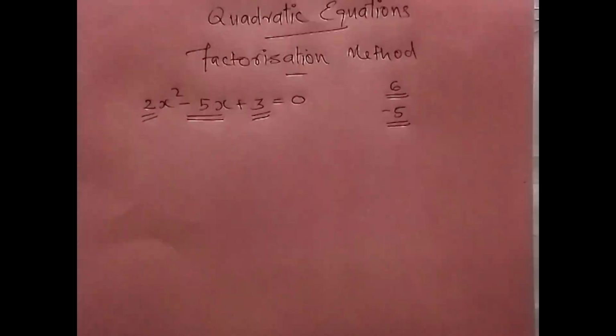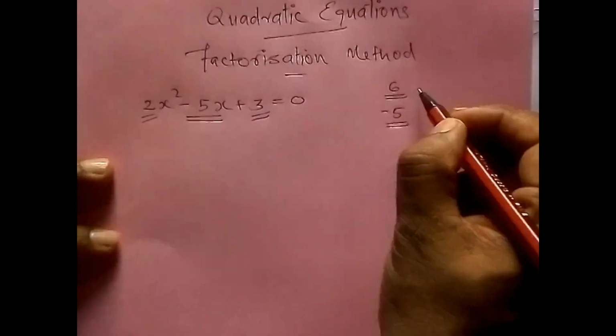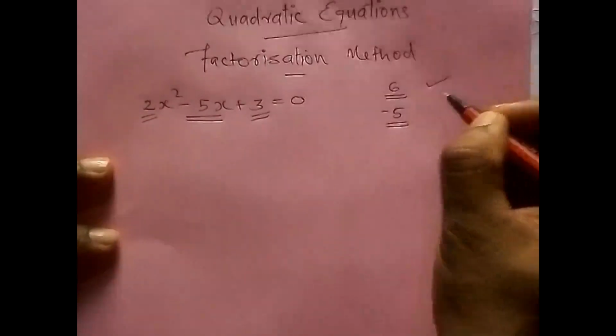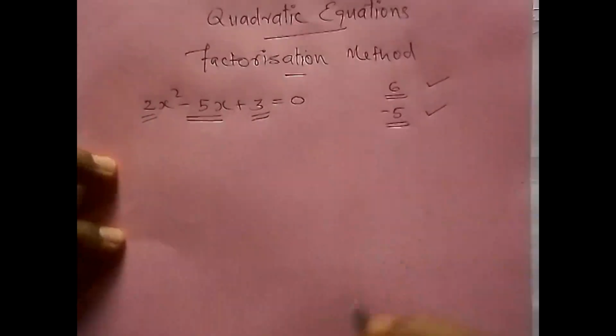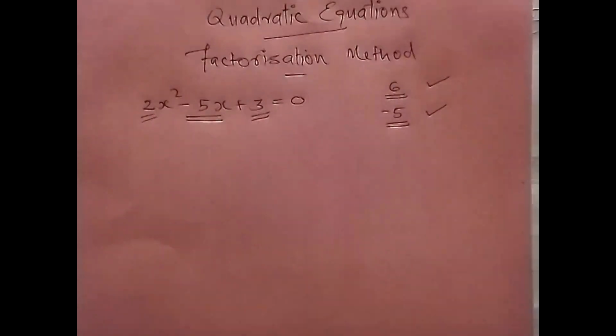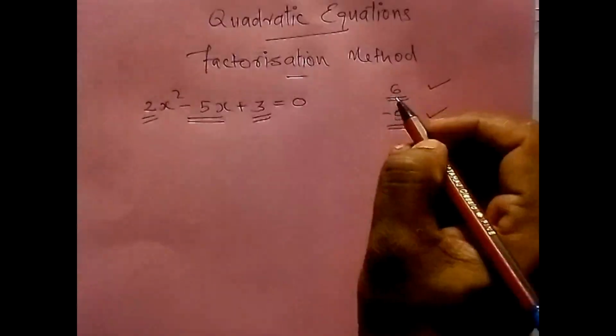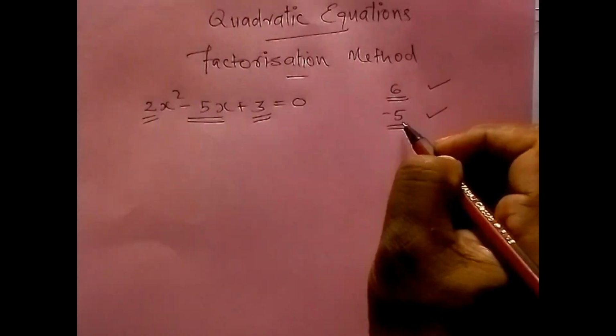We will find two numbers such that the product of these two numbers is 6 and the sum is minus 5. I will repeat. We will find two numbers such that their product is 6 and sum is minus 5.